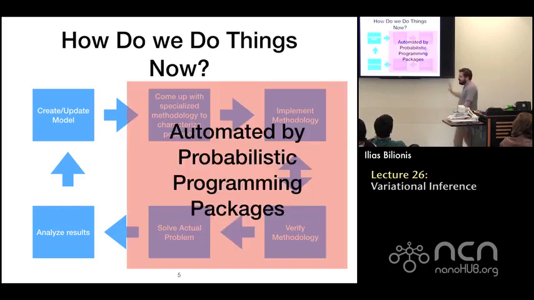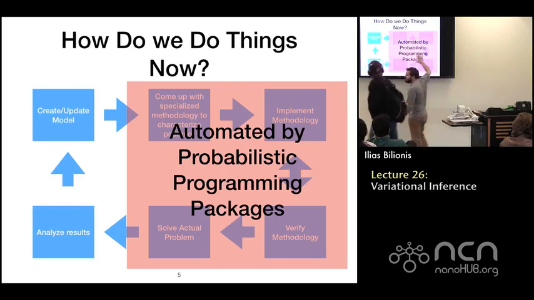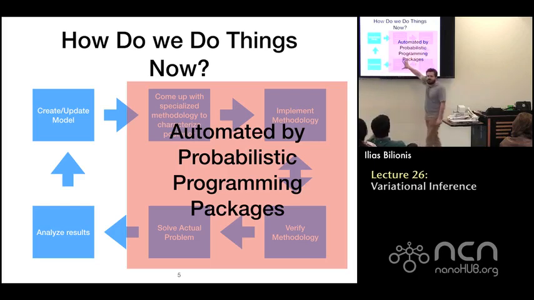But with the advent of tools like PyMC, right, we were able to automate this process here. So PyMC belongs to the category of probabilistic programming packages, okay, which means that they're packages or computer languages, if you like, in which you can describe a model with simple commands.